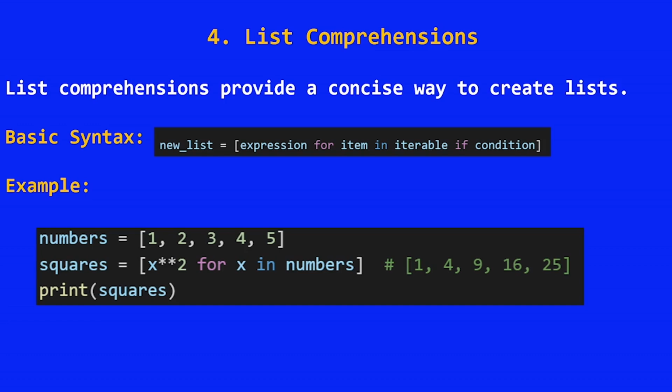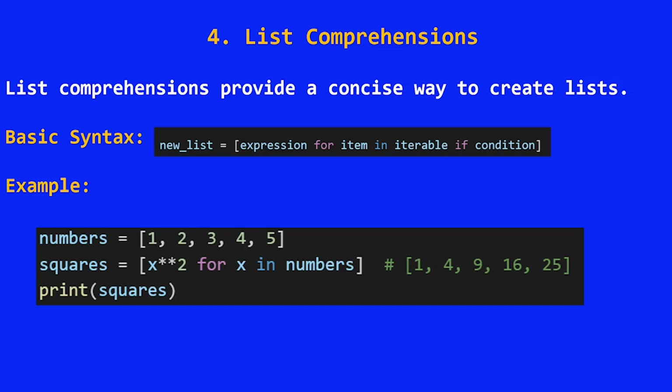So let us see an example. For example here, numbers is equal to 1 all the way to 5. Now we have squares. So x star star 2 is the notation for power, or you can say square.